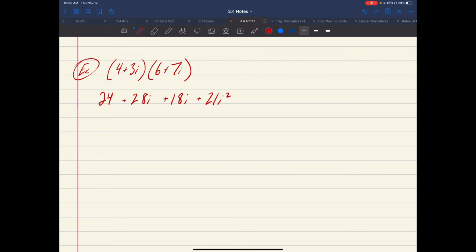Combine your i's, so you have 24 + 46i + 21i squared. Actually, I'm going to back up. i squared is -1, so that's 21 times -1. And so this would just be 3 + 46i. That's our result. So again, treat i like a variable until you see i squared, and then it's a -1.